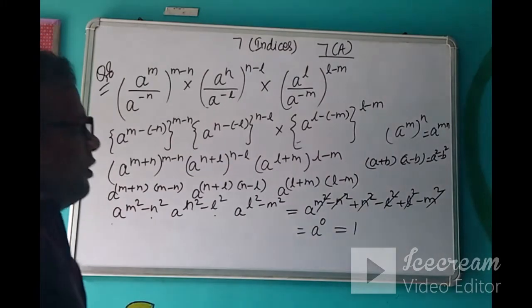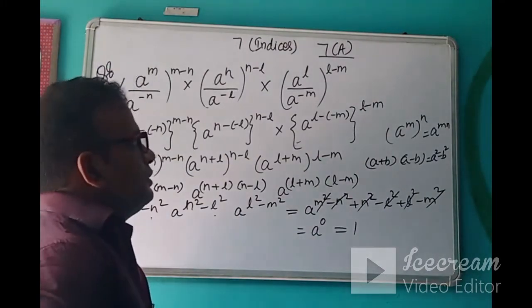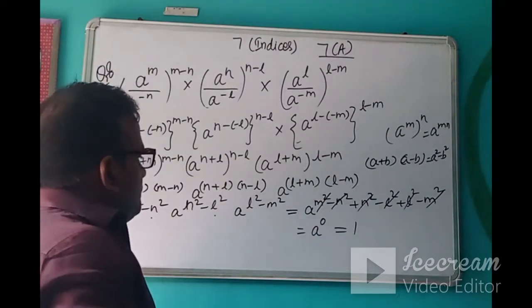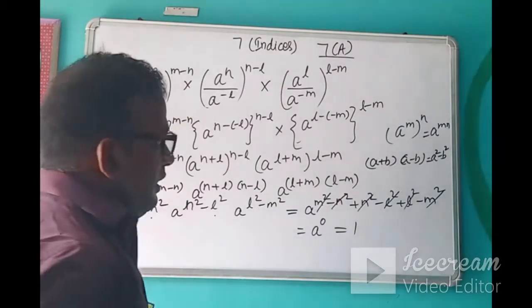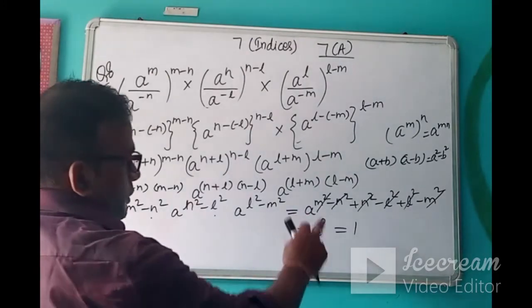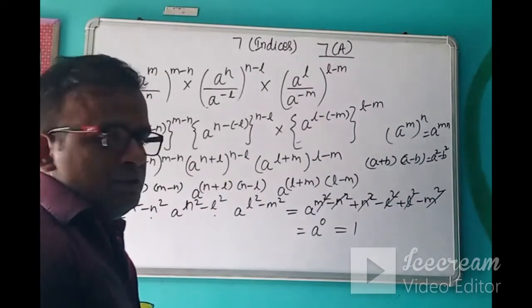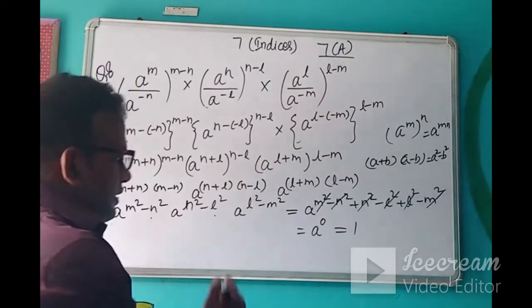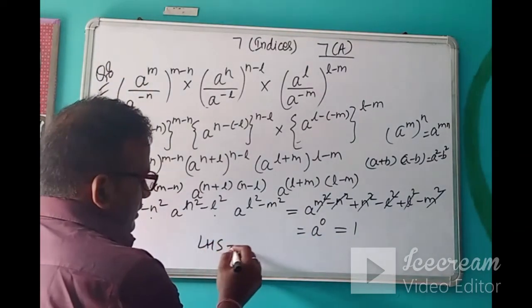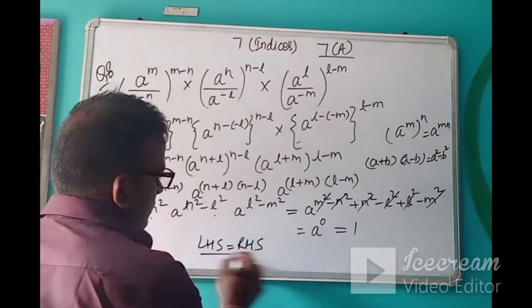So this is how we will solve expressions like this. You just try to form the expression in a single form, use the laws of exponent wisely, and then do the required manipulations, and then you will get the answer like this. So a to the power 0 is equal to 1, so we can say that our LHS is equal to RHS.